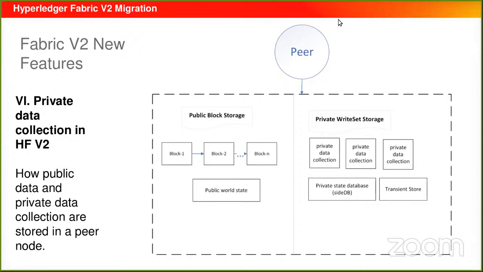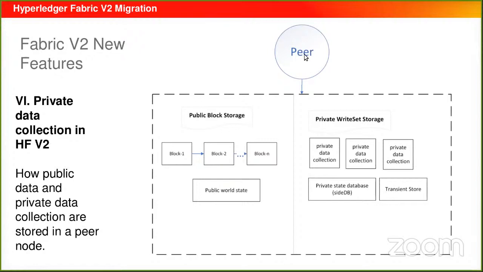As you can see in the peers, there's a public data storage and a private write set storage. This area is the public world state, and this area is private, only visible to the members.